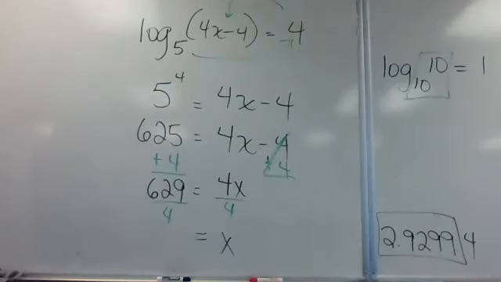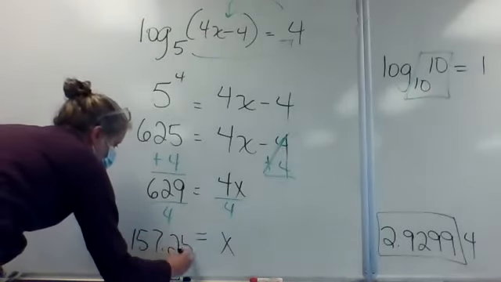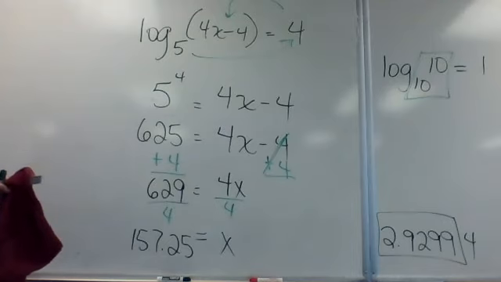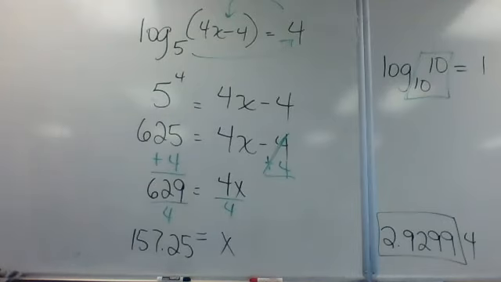It doesn't specify in the instructions like it does sometimes, but if it doesn't, then you just type it in your calculator, 157.25. So that's what you do if there's one log.